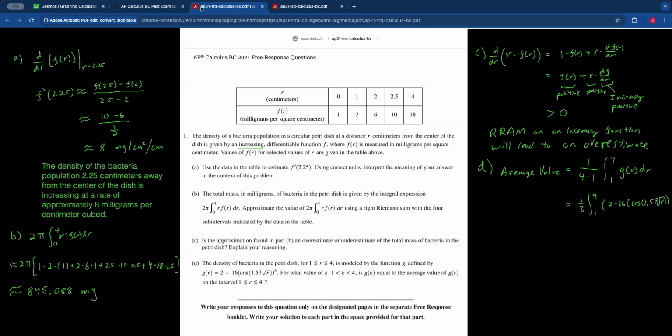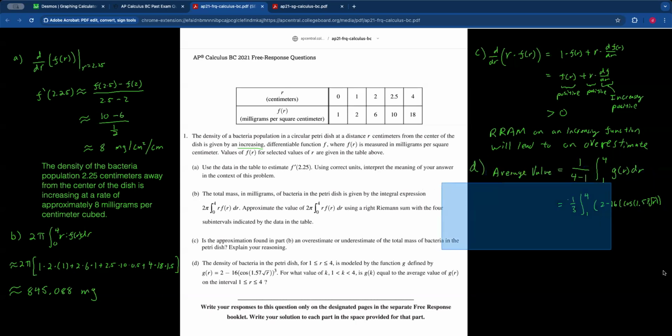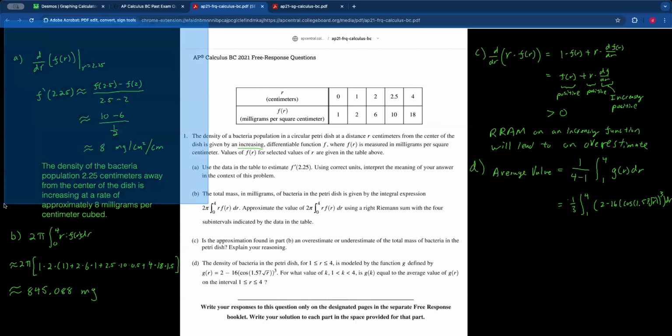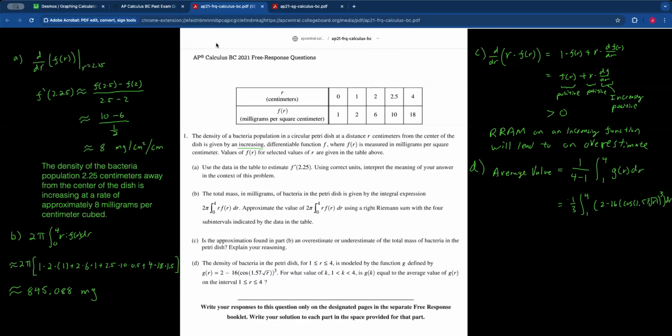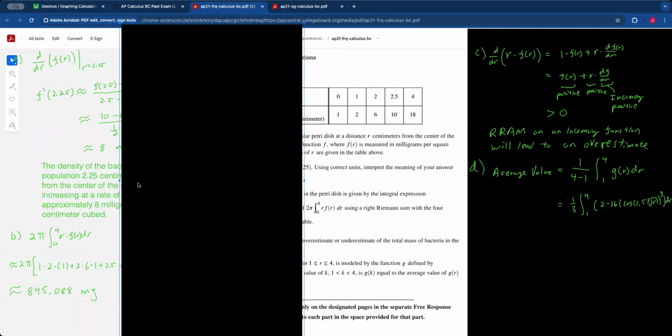I'm just mismanaging my space, but let's see if we can pull it a little this way. Cubed, like this. Let me see if I'm cubing the right thing. 2 parentheses cubed, yes, and then dr. Okay, let's highlight this whole thing on the left-hand side and pull it over.